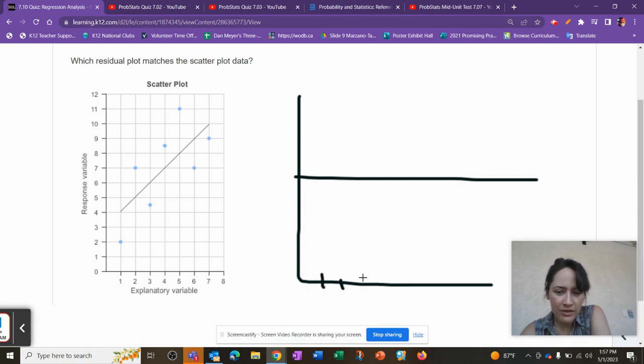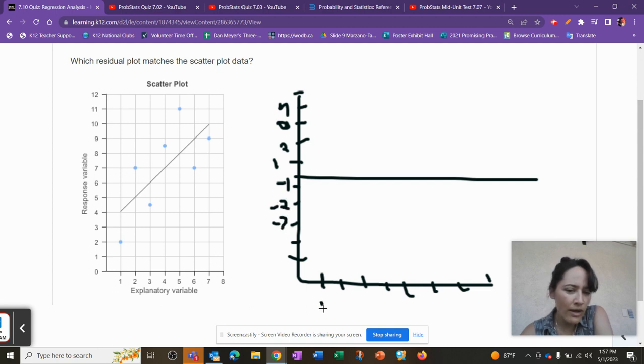So 1, 2, 3, 4, 5, 6, 7, 8. 1, 2, 3, 4, 5. 1, 2, 3, 4, 5. Because this is -1, +1. That's a crazy looking 3. -2, -3, -4, and so forth. Okay, so let's look at 1, 2, and on and on. At 1, we would have a -2.